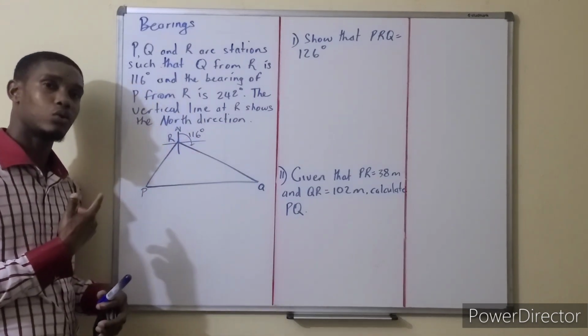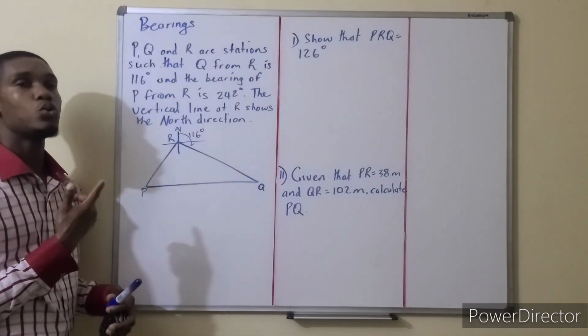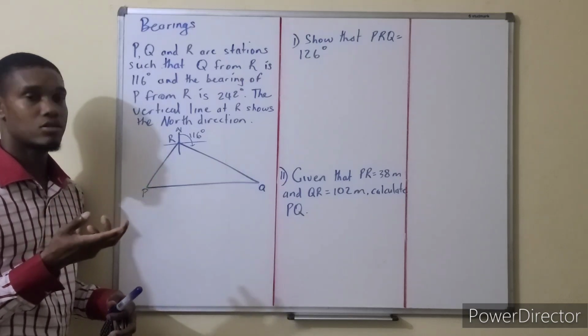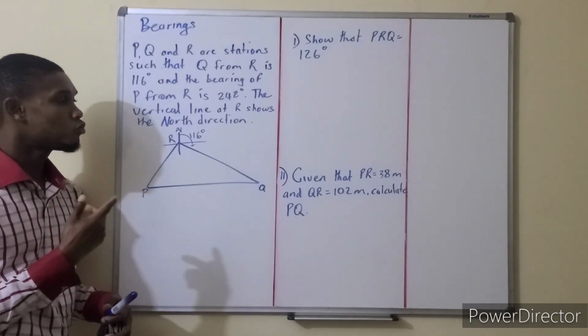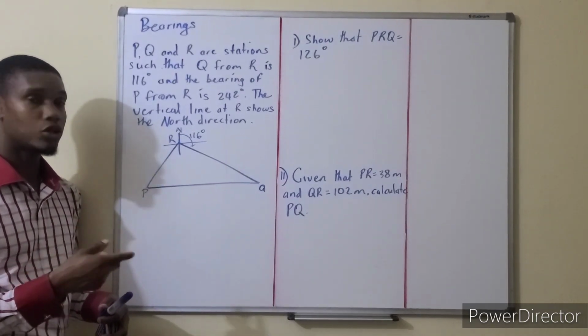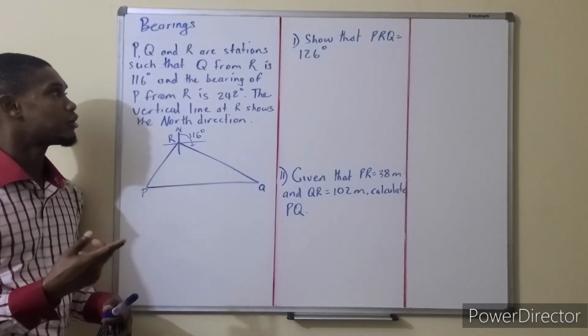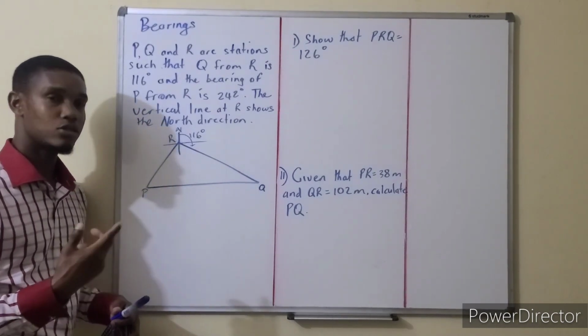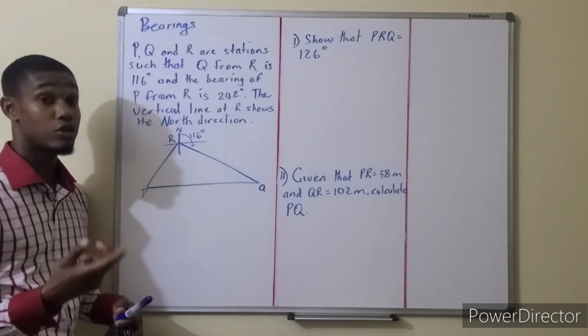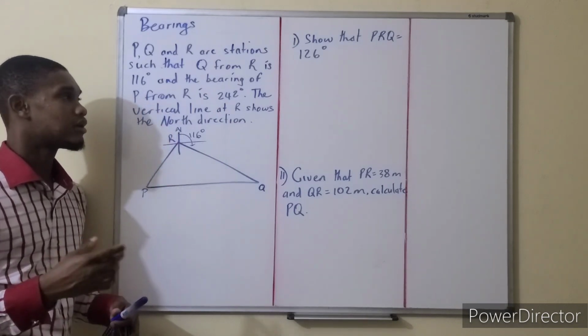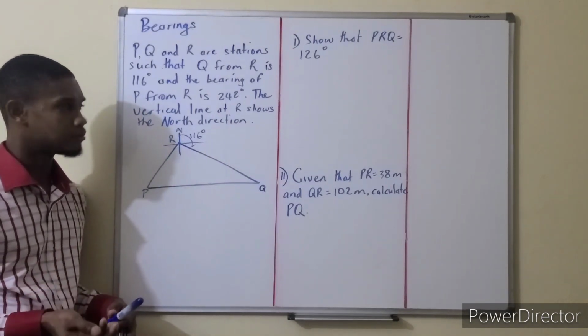Now, in this particular question, it says that P, Q, and R are stationed such that the bearing of Q from R is 116 degrees and the bearing of P from R is 242 degrees. The vertical line at R shows the north line direction.